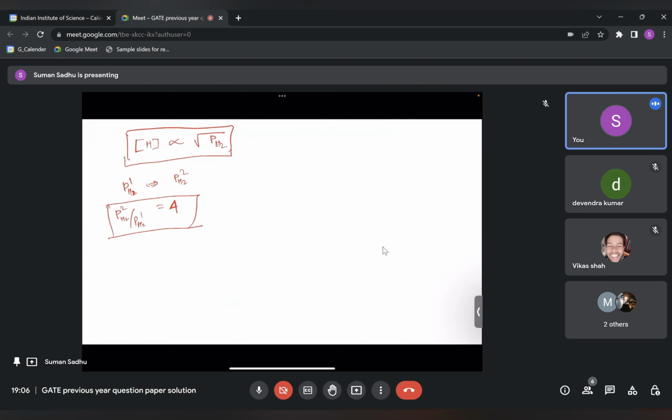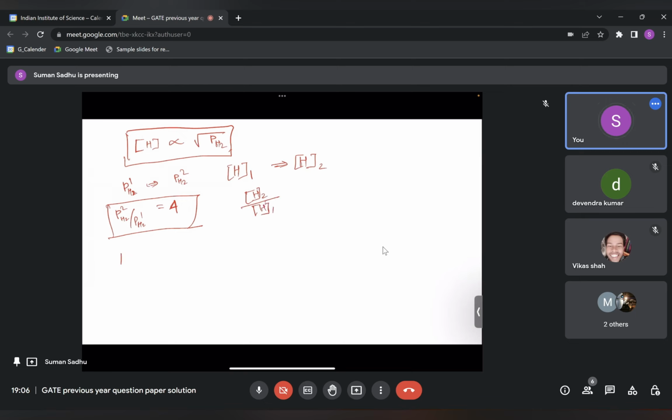That means if initially your solubility of hydrogen was H1 and then later it becomes H2, then you have to find the ratio of these. Right?